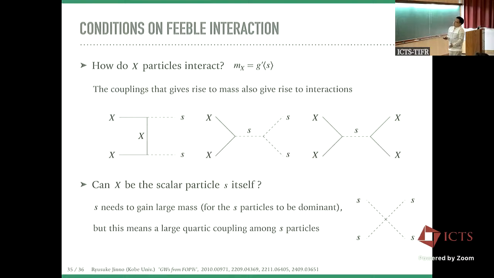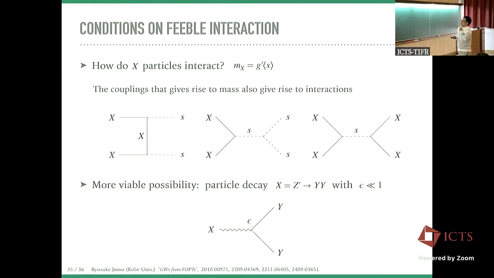That's the reason why shutting off the interaction is difficult. I think the only realistic example will be an X particle decaying into daughter particles Y with suppressed vertex epsilon. Then the daughter particles Y can free stream.